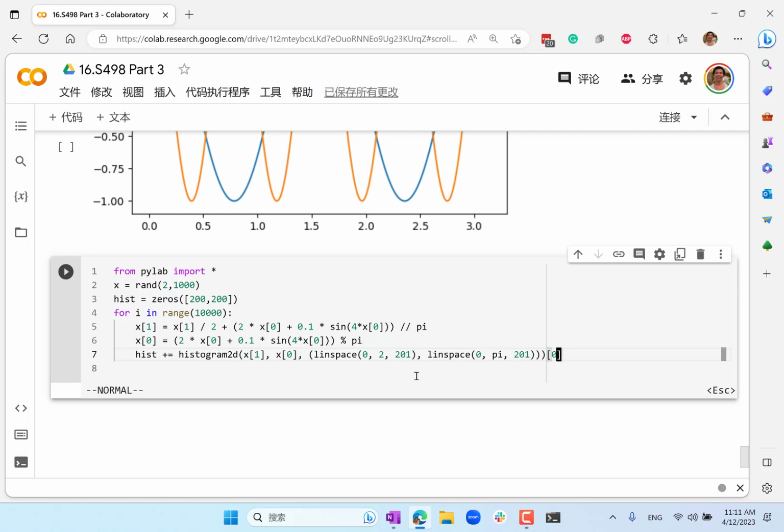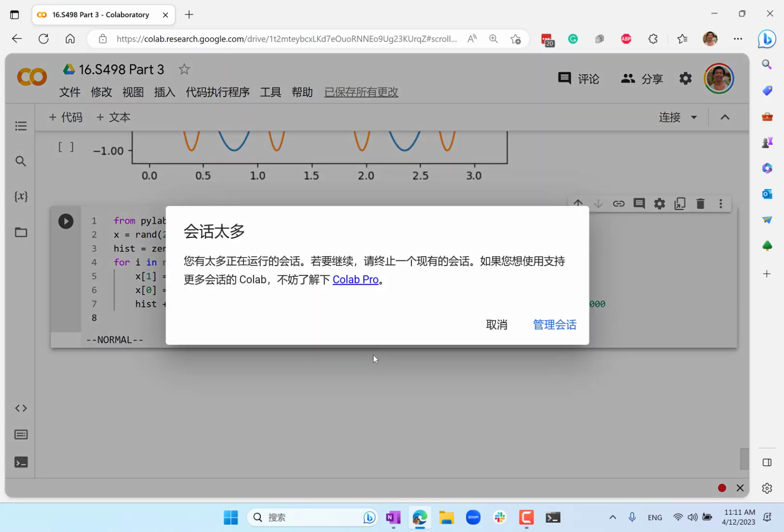We'll take the first entry as the actual histogram. The second return value is the bins. Okay, and I'll divide this by the number of iterations. Okay, so let's run it.